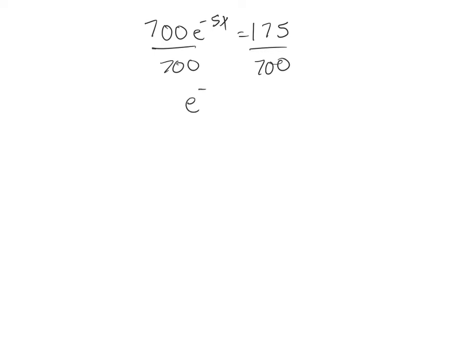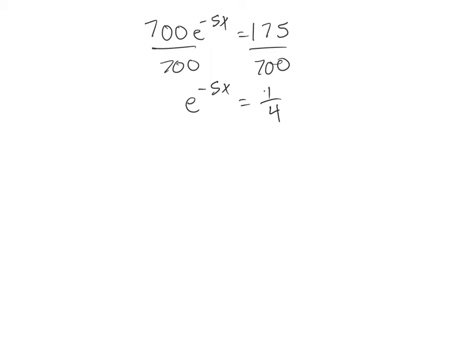So then that's e to the negative 5x equals, I'm going to leave that number alone for now. I guess I could simplify it. It simplifies into 1/4. That will make our ending calculations easier. Like before, the natural log and the e cancel each other out.